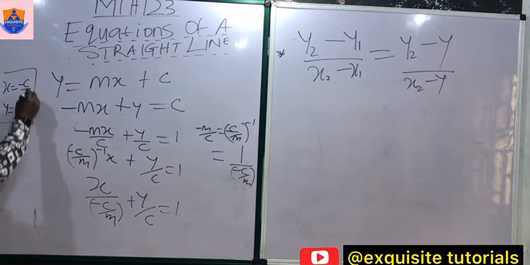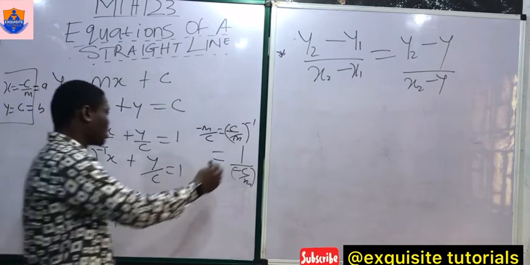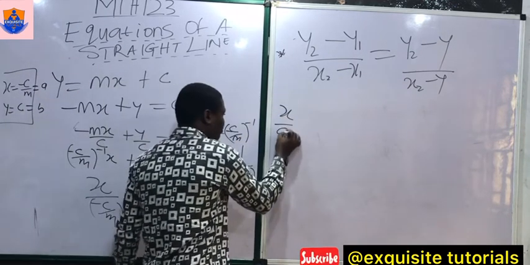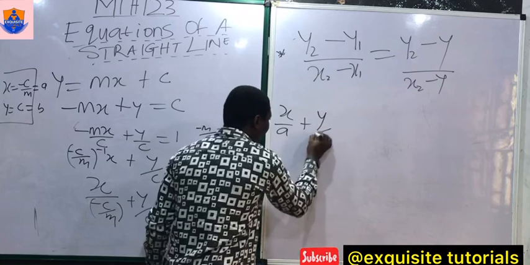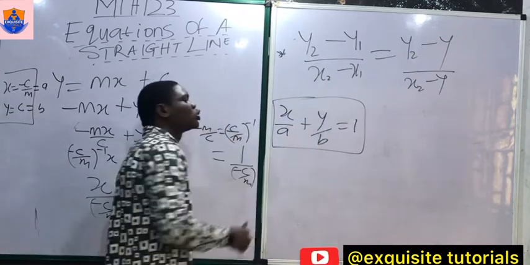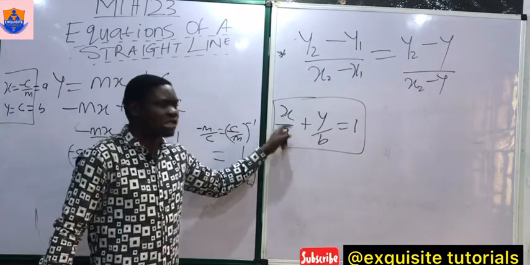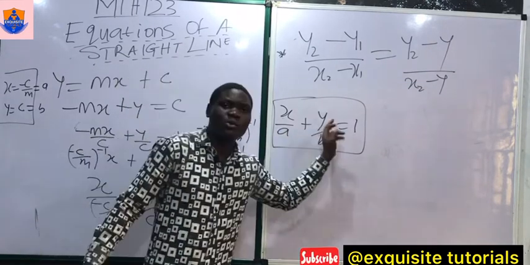So if I call this A and I call this B, I can rewrite the equation as x over A plus y over B equals 1. So this will become the fourth equation of a straight line, where A is the intercept on the x-axis and B is the intercept on the y-axis.